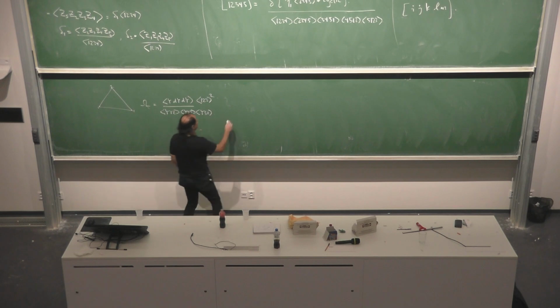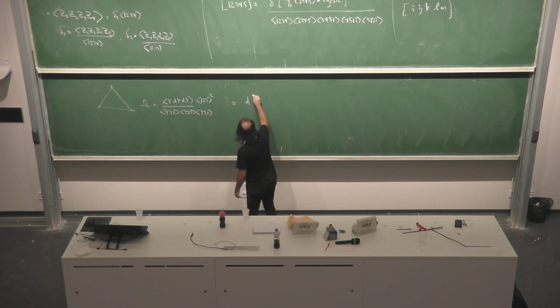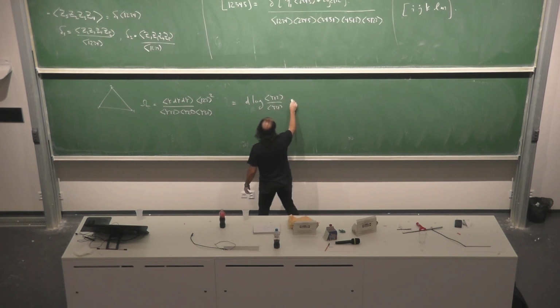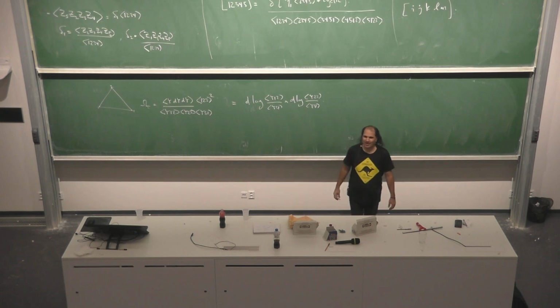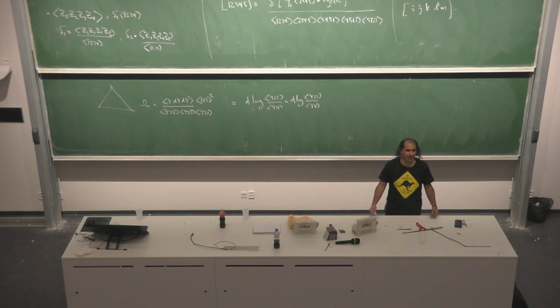Okay, but it is indeed the case that this is actually d log of y12 over y31, d log of y23 over y31, wedge, okay? So there's a way of making it manifest that it's a d log form by writing it as d log wedge d log. But it's interesting, every way of writing it manifestly as a d log form always breaks a little bit of symmetry.